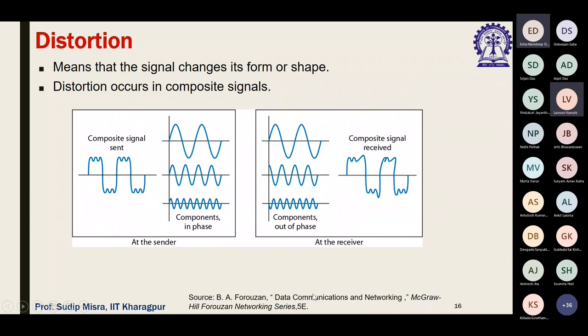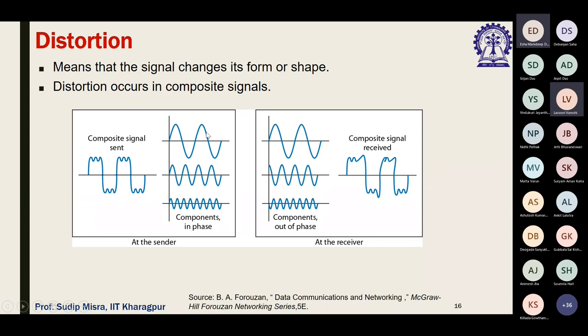Now at the receiver, this composite signal can get changed to have a different shape or form, right? So this composite signal will change its form or shape in this manner. Now if you again break it into its different components, it is going to be like this. Now you see the components from the sender and the components from the receiver, there is a difference.